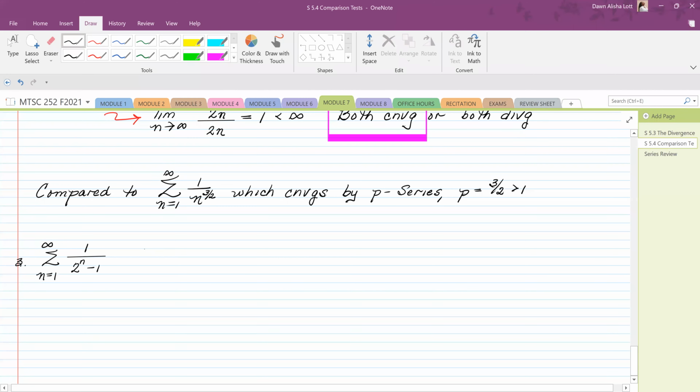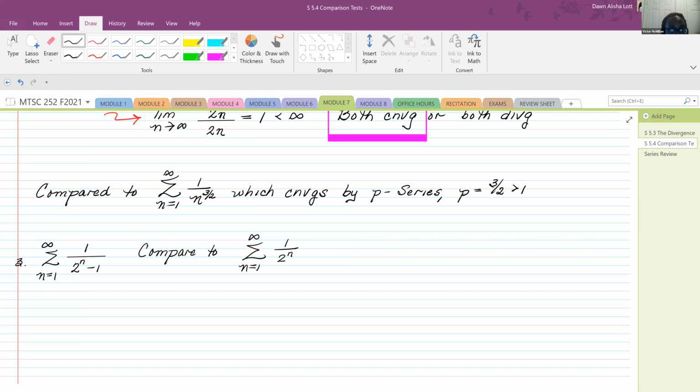We're going to compare this to the sum n equals 1 to infinity of 1 over 2 to the n. Would that be a P series? No, that's not a P series.